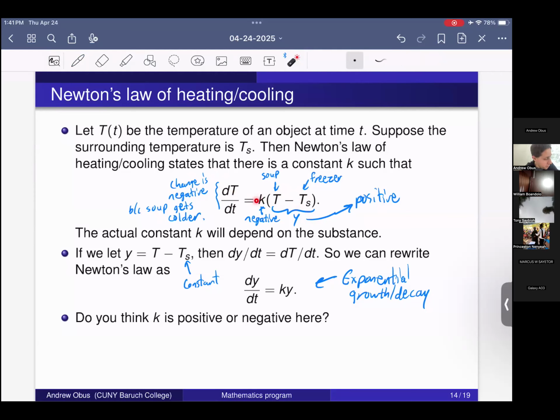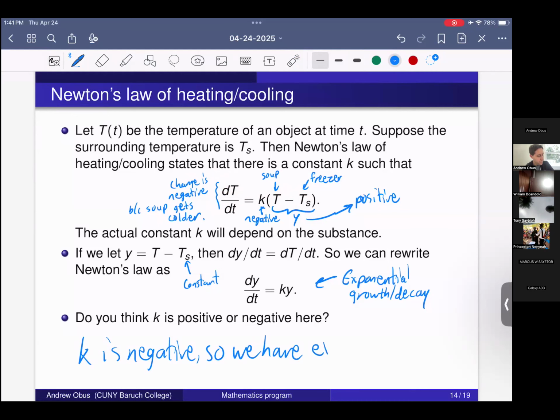So the only way they can be equal is if you multiply by a negative quantity. So we see here k is negative. So we have exponential decay. It's going to decay to an equilibrium. Eventually, the object gets close to the temperature of the surroundings. It approaches the temperature of the surroundings in the limit.